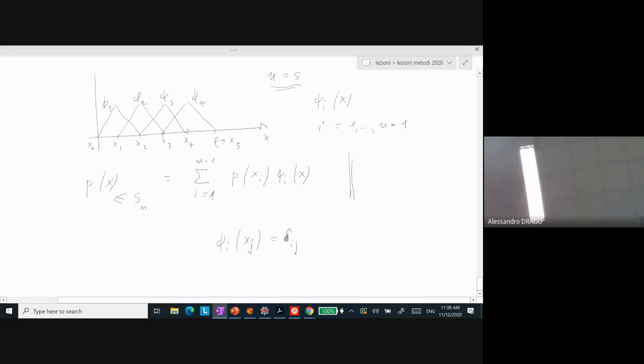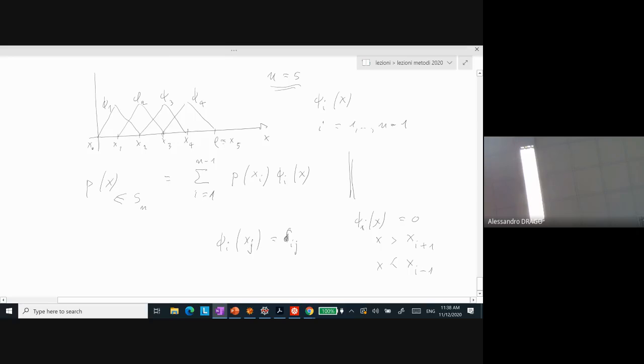The other property is that outside of the interval, phi_i of x is equal to 0 for x larger than x_(i+1), or for x smaller than x_(i-1).